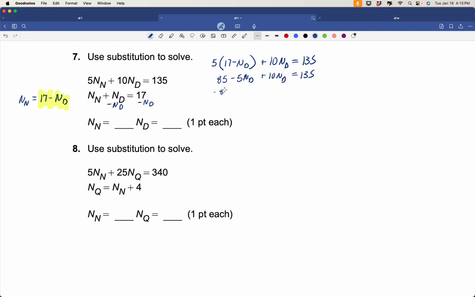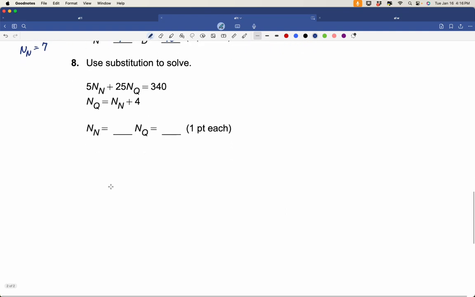I'm going to subtract 85 from both sides, and I'm going to combine like terms. So 5 ND is equal to 50. So ND, when I divide both sides by 5, is equal to 10. So if ND is equal to 10, 17 minus 10 is equal to 7. So NN is equal to 7.